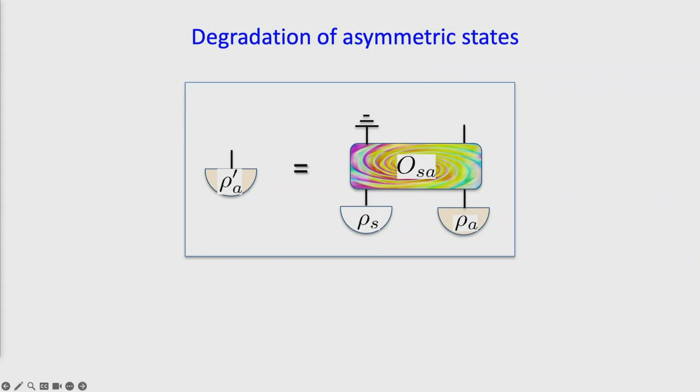Good. And then let me tell you one other result from the resource theory of asymmetry to get back to our S-wave propagation case. There's something in the resource theory of asymmetry that goes by the name of degradation of quantum reference frames, or degradation of asymmetric states. It's the idea that if system A here is in some asymmetric state and I use it, so maybe it's a reference frame for orientation in space, and I want to use it to figure out how some other system S is oriented.